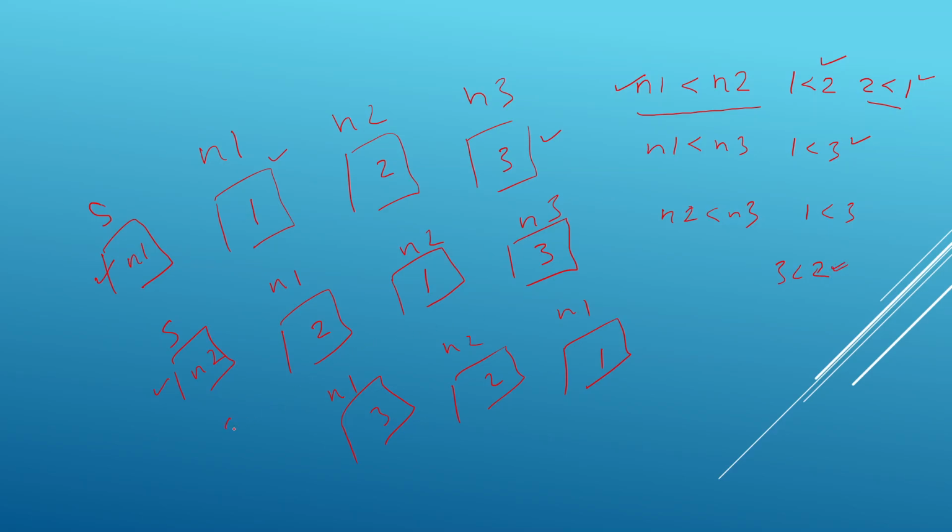In this scenario the smallest will be n2, and after that I have to compare n2 with n3 also, so 2 is less than 1, which is false. So 1 will be the smallest number, so instead of n2 this will be n3, that is 1. So this is basically what we are doing, comparing the numbers with each other and finding out which is the smallest one.